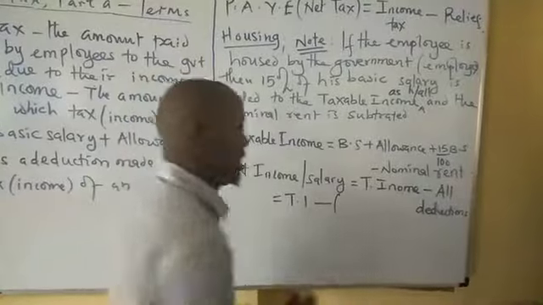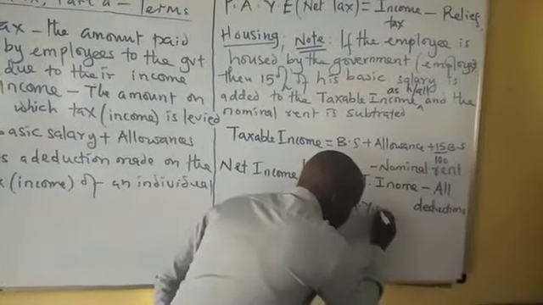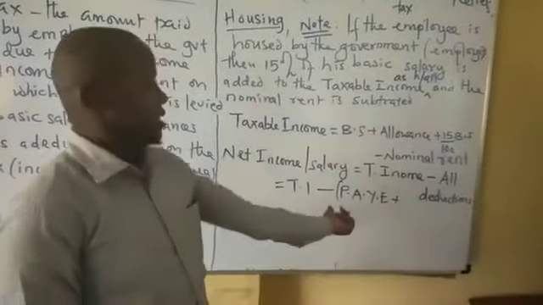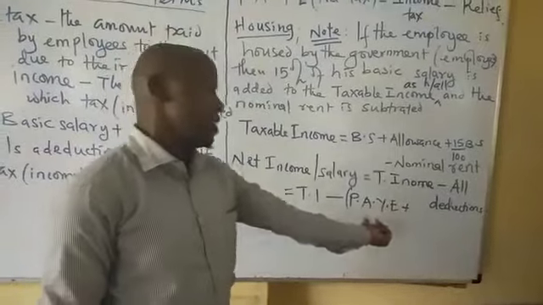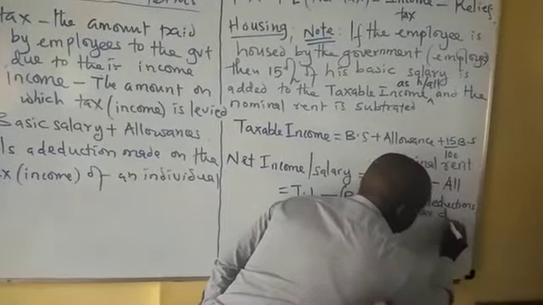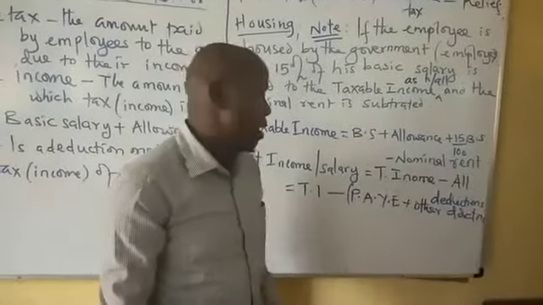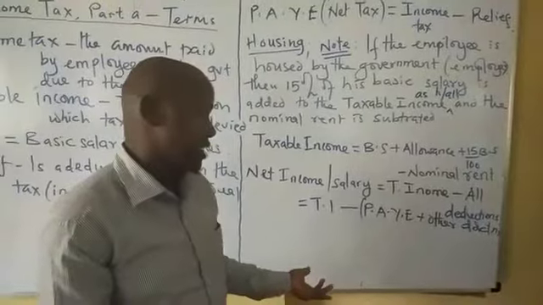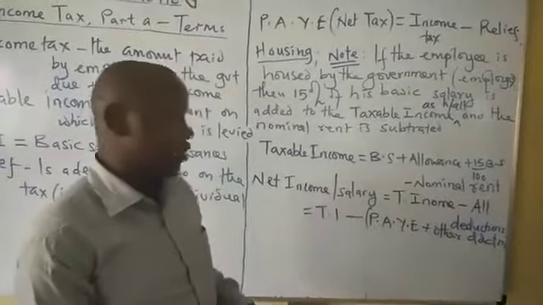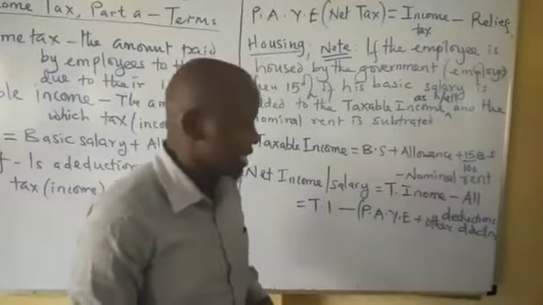And the deductions include, the first deduction is payee, which is deducted by the government itself. Then we can have other deductions, which will include things like transport bills, medical bills, and paying premiums to given insurance companies.